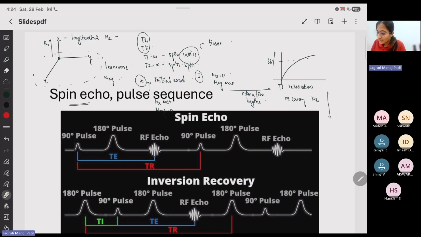Since they are trying to recover in this axis, they are simultaneously decaying in this particular domain. The decay in that domain is considered T2 relaxation. It's not really relaxation, but that's how you write it; it's a decay. And the process is called free induction decay.